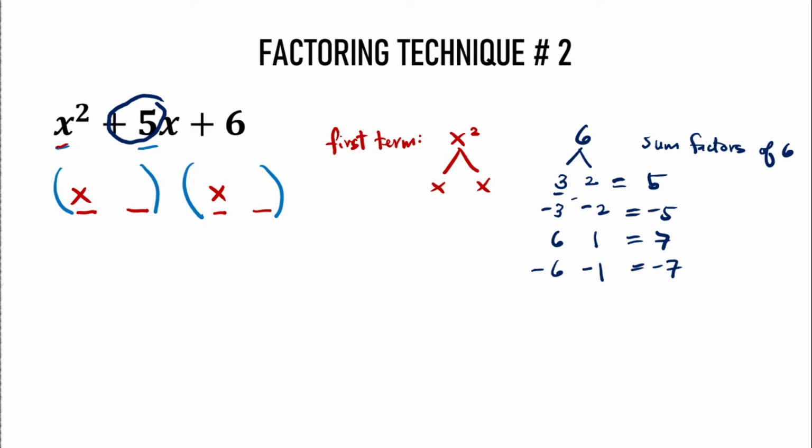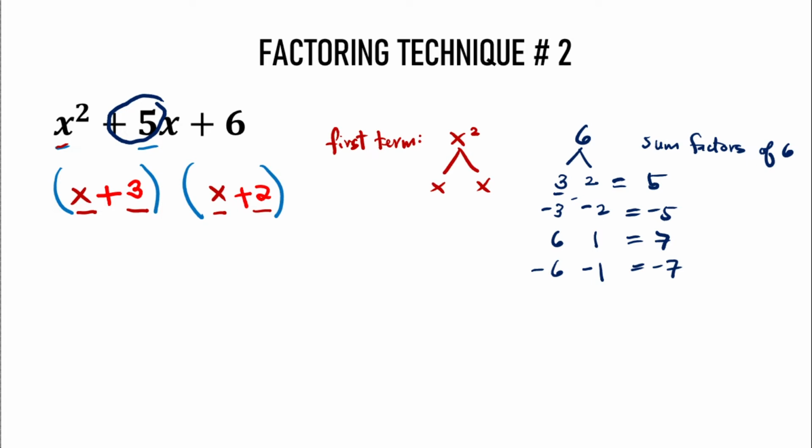Ilalagay natin yung positive 3 at positive 2 after ng variable na x. Lagay natin dito ang 3, saka yung 2. Now, what is the operation na ilalagay natin? Plus ba or minus? Since yung sign ng 3 and 2 are positive, ilalagay natin plus and plus.